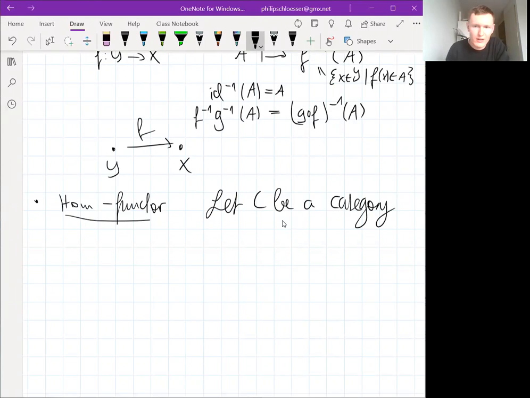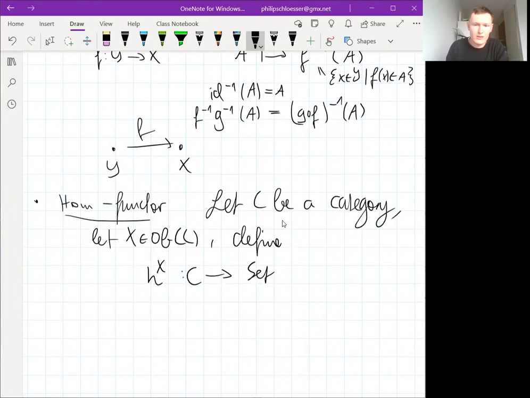And then we can define, let X be an object of C. Then we can define the functor h upstairs X from C to Set by saying it should act on objects as follows: it associates with an object Y the morphisms from X to Y. And what does it do with maps?